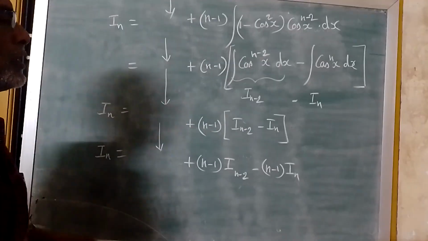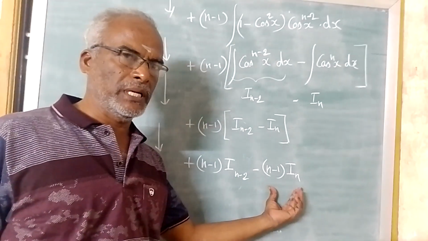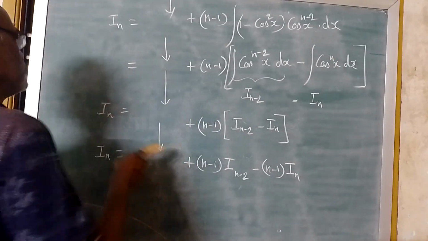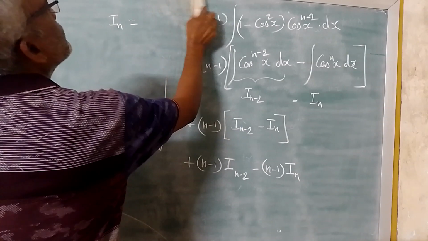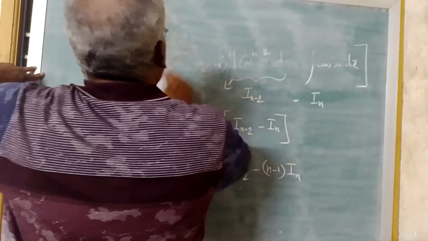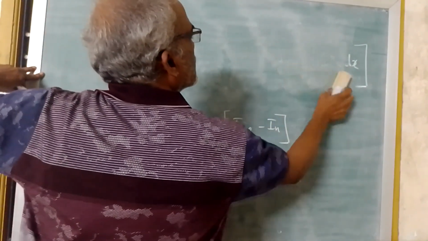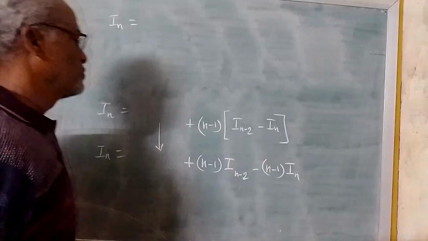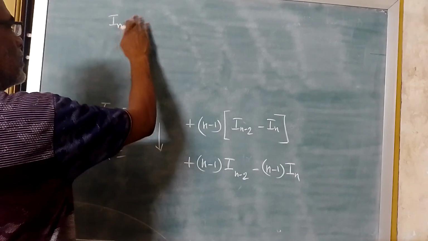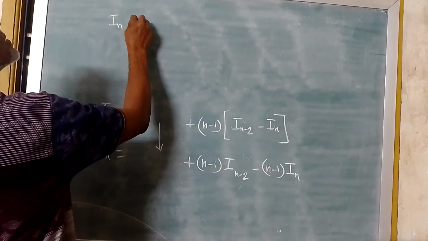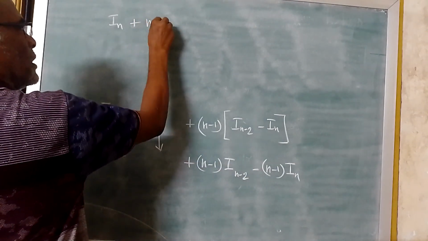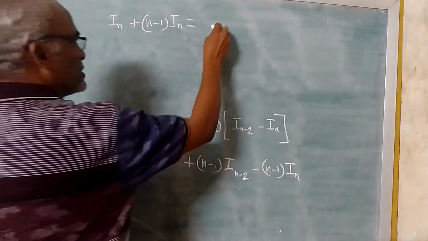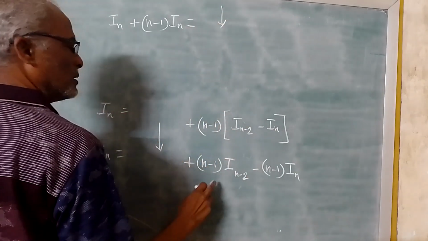So the next step what I am going to do is I am moving this minus term to the other side. So what will happen now? I_n plus (n-1) into I_n is equal to this term. First term will be as it is.